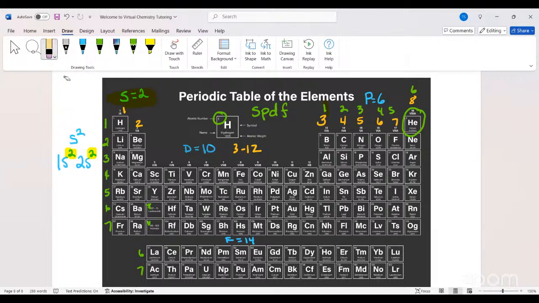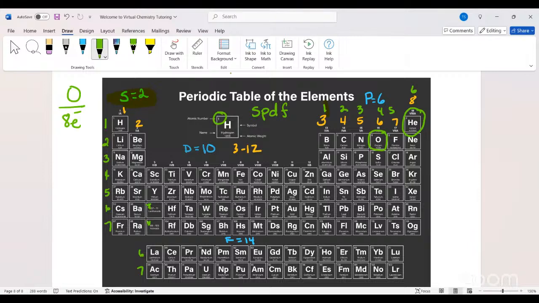If I ask you to tell me, we're looking at oxygen, okay? I'm going to circle it so you all can see it. Here's oxygen right here. Oxygen has 8 electrons. What period is oxygen in?